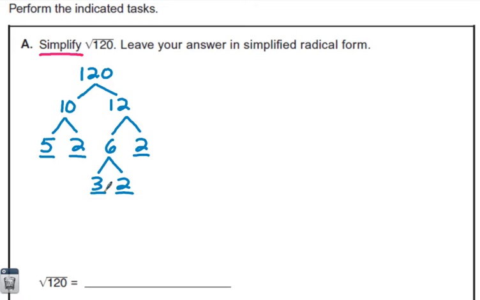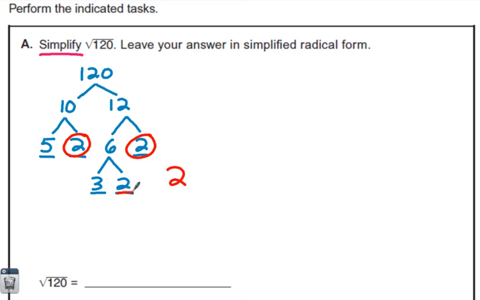At this point, you now look for pairs of factors. We have a pair of 2's. In this Birchanowski method, if you have a pair of 2's, then you bring a 2 out of the square root.